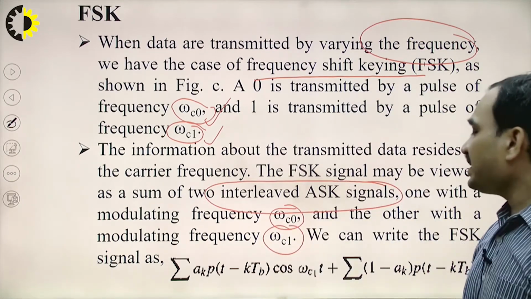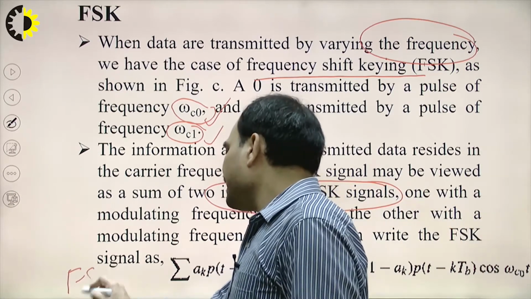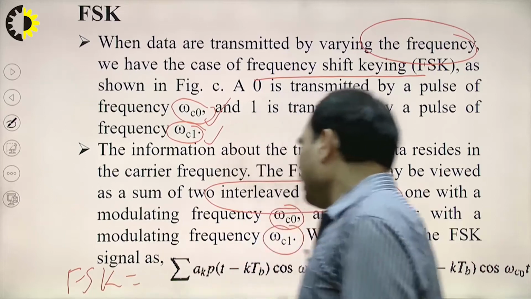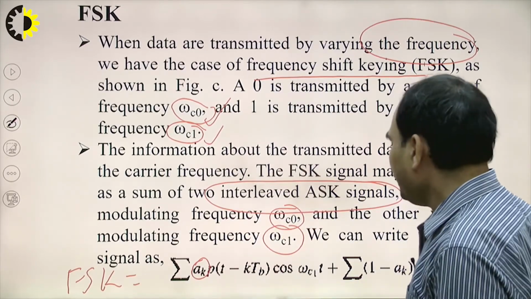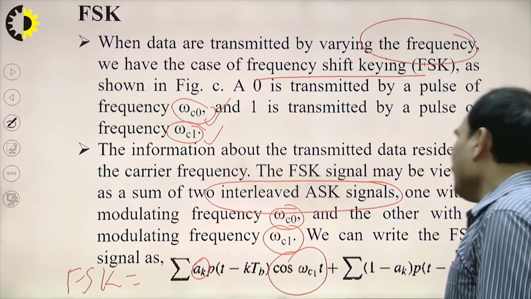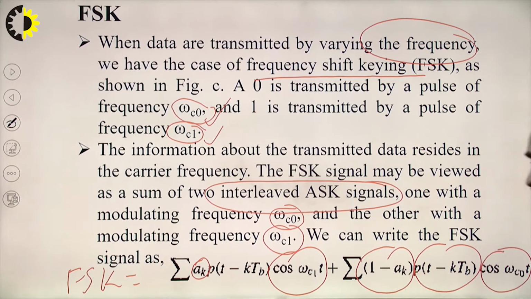So we can write the expression for the FSK modulated signal as the summation of AK times the pulse P(t minus K Tb) cos of omega C1 t, plus the summation of (1 minus AK) times P(t minus K Tb) cos of omega C0 t.